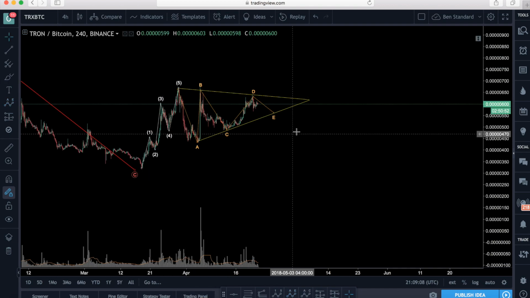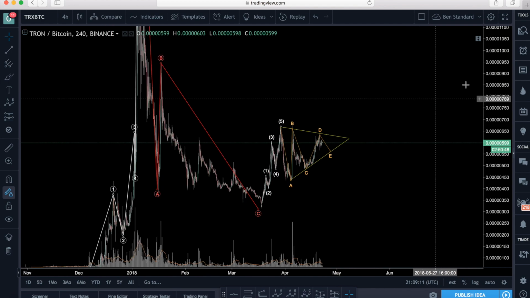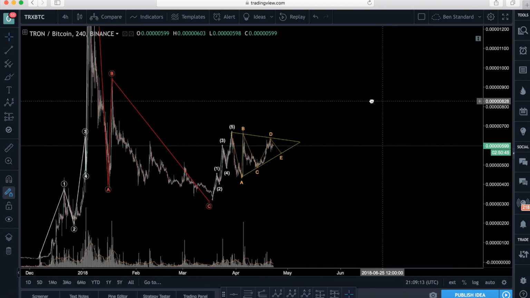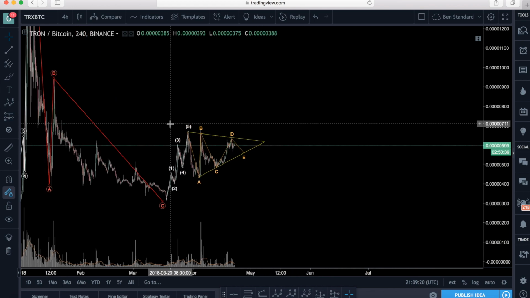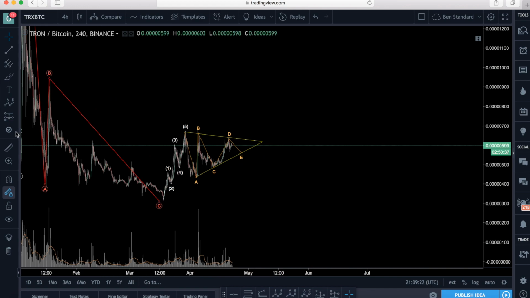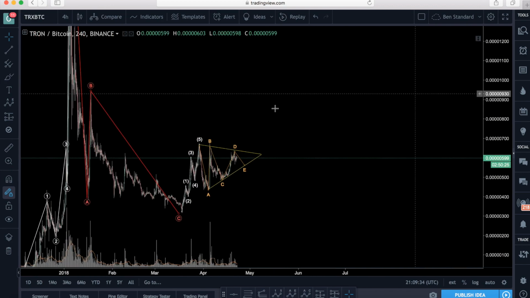Now, before I go into the trade, I want to see what the potential is, like the bigger trend. If we assume that this is a first wave and this is the second wave, we want to figure out where the third wave will end.